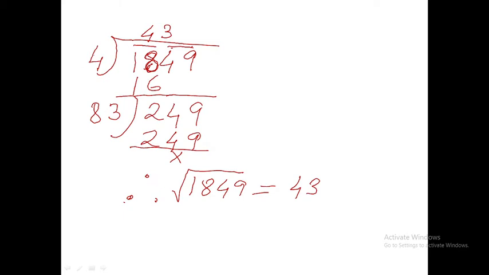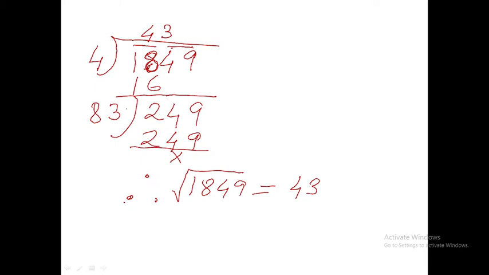So the first divisor will be 4, and the first digit in the quotient will be 4. After subtraction, 2 comes, and the second pair 49 you also take down, so our new number is 249. Our new divisor will be a 2-digit number, so first you multiply 4 by 2, which is 8.